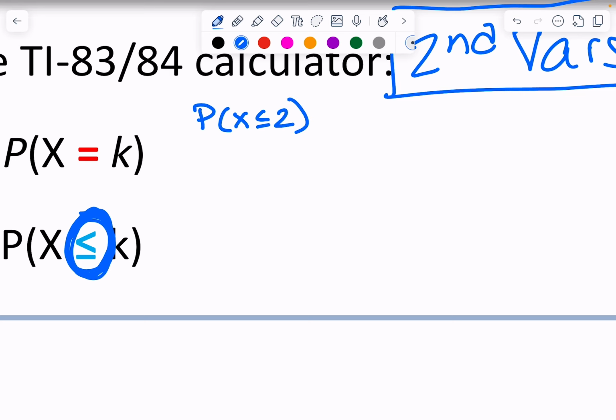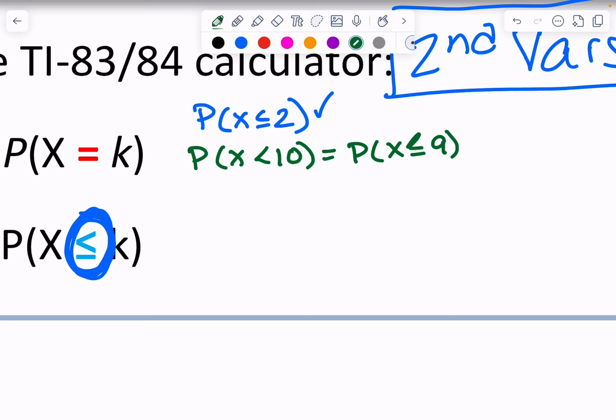You go into your calculator, second vars, and you choose binomial CDF, and you follow along and type everything in. So if you have less than or equal to a number, awesome. If you have the probability that X is just less than 10, we have to rearrange that so that I have a less than or equal to. So if it's less than 10, that means the biggest number that it can equal is 9.